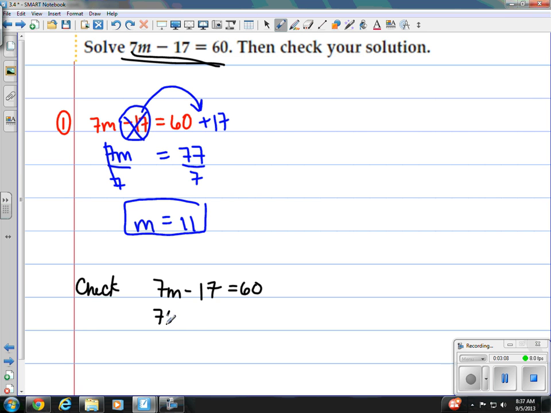So 7 times m is now 7 times 11 minus 17 equals 60. 7 times 11 is 77 minus 17 equals 60. Then we say 77 minus 17 is 60. 60 equals 60. So we're good. We check on this one. So our answer is m equals 11, and we check. So our answer is correct.